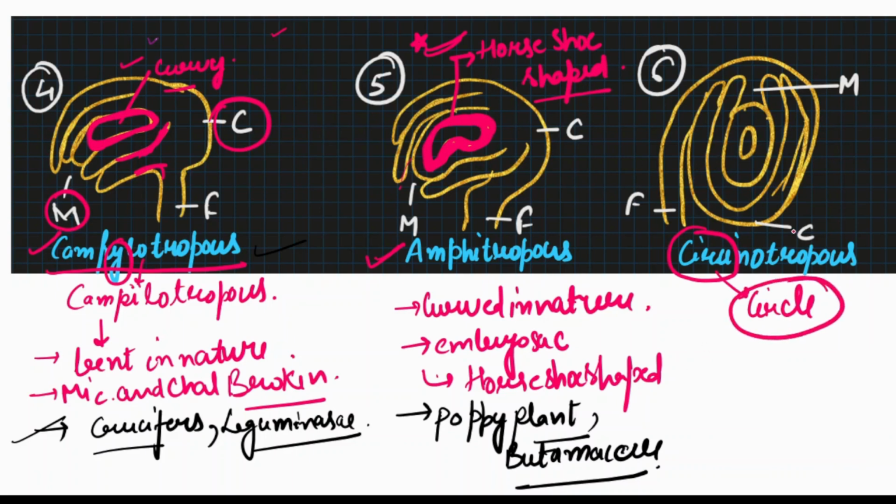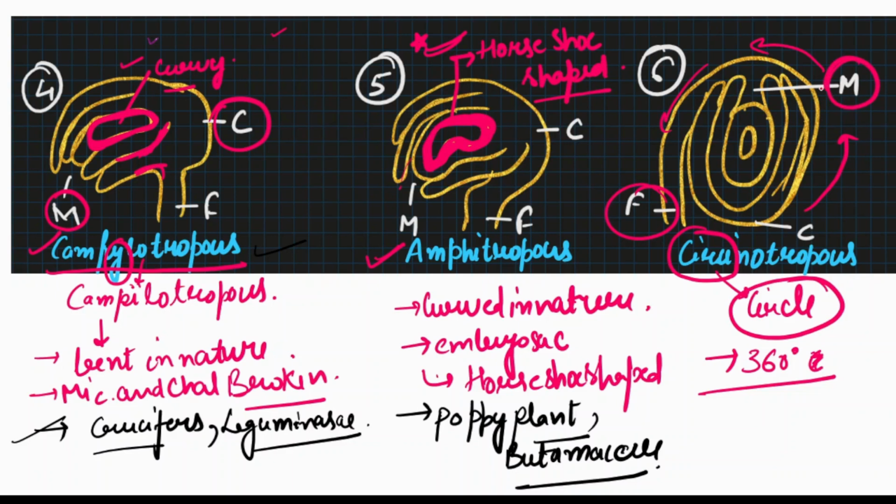So the ovule forms a full circle, revolving around repeatedly and forming a 360-degree angle. The funicle is long and forms a complete circle, and the micropyle eventually points upward.